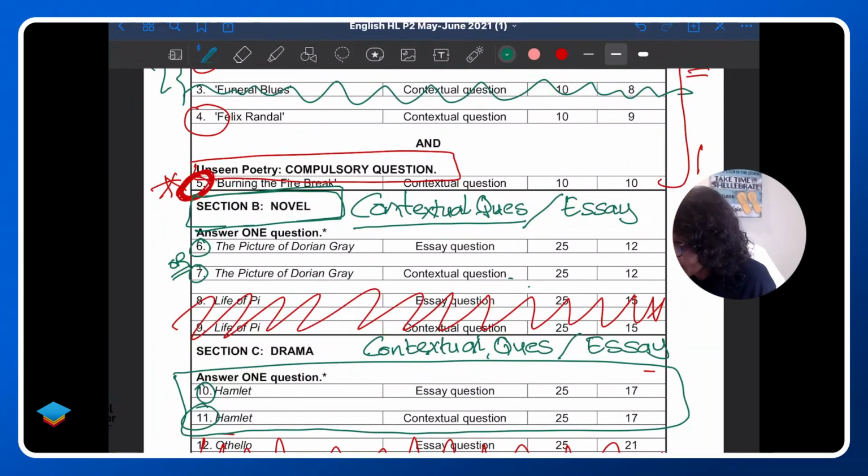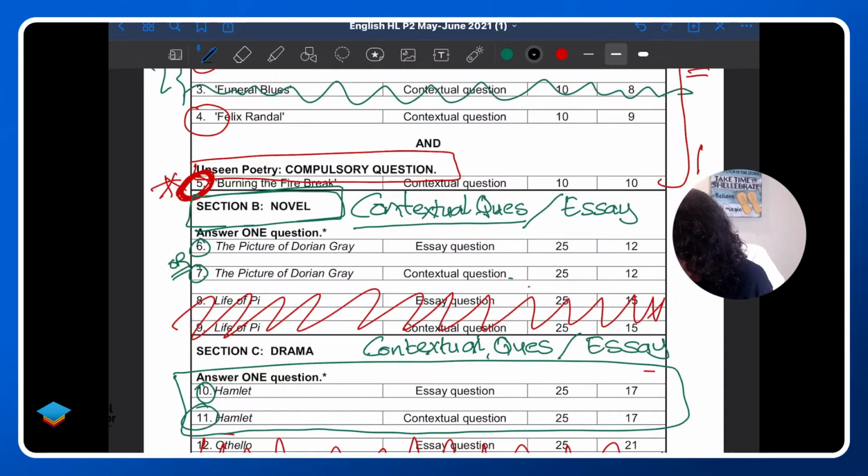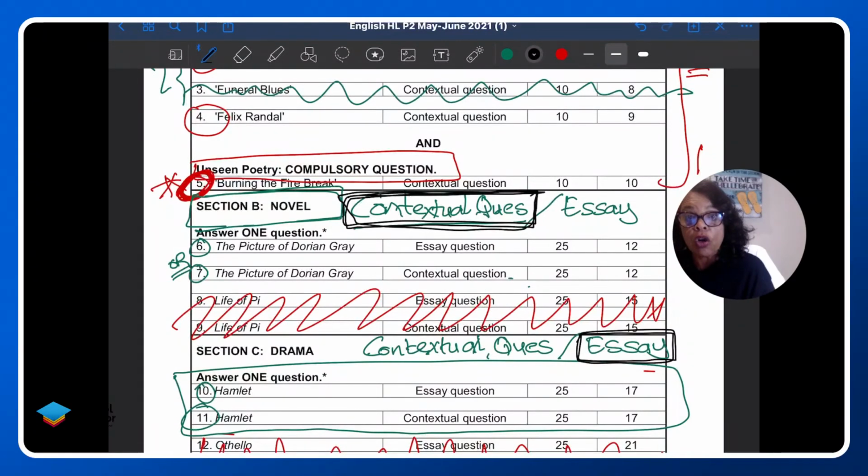So let's say you decide that you would like to attempt the contextual question in the novel, this one, then it automatically means that it is compulsory for you to do the essay question in the drama.